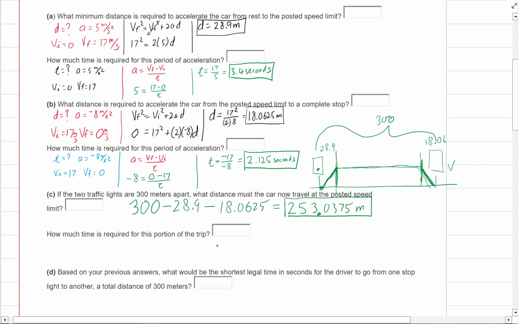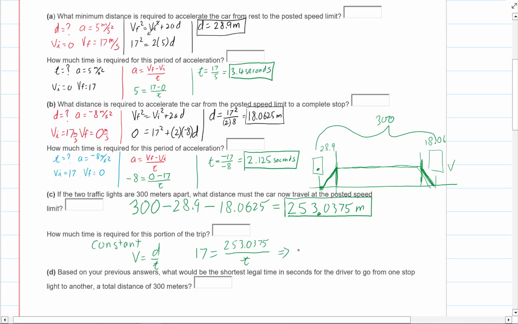How much time does it require there? Well, this is a constant velocity part. This is constant velocity, so we're going to use v equals d over t. So we have 17 is equal to 253.0375 all over t.